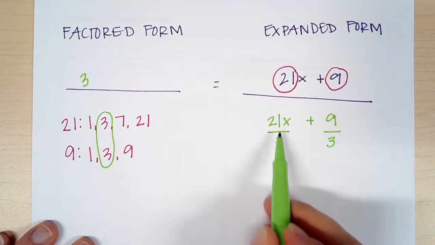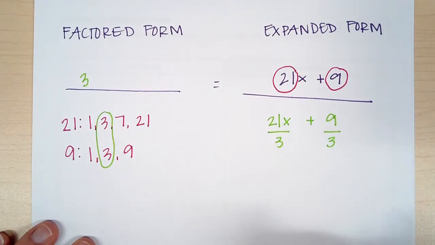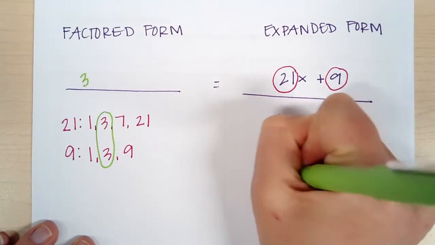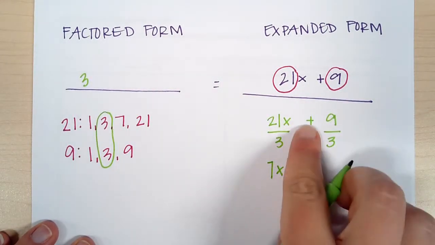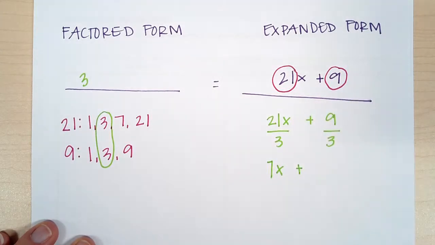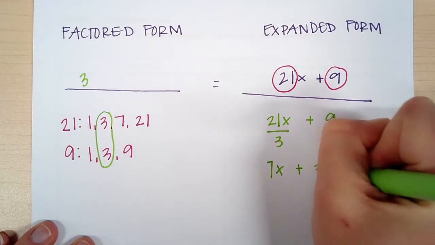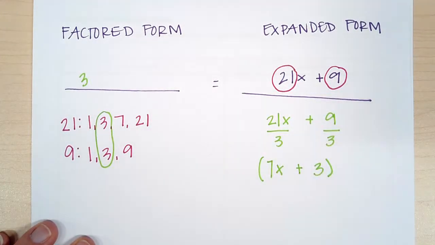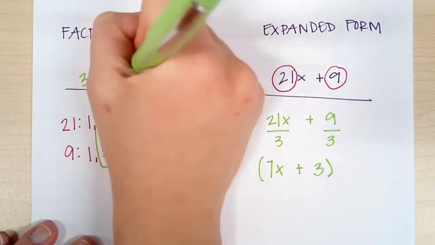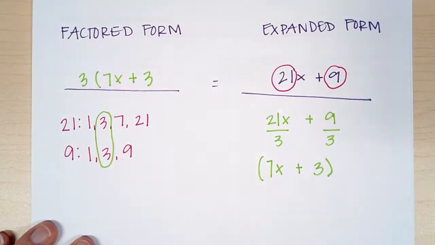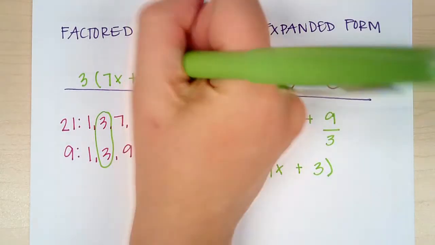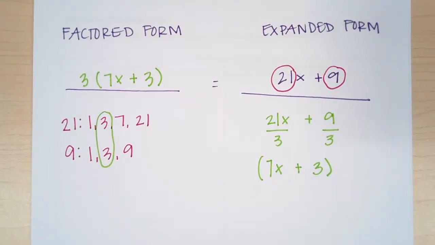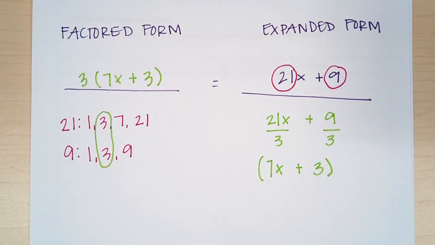21x divided by 3 will leave me with 7x. Don't lose that variable. Bring down that addition, and 9 divided by 3 is 3. This is what goes inside of our parentheses. 7x plus 3. From here, I want to check my work.